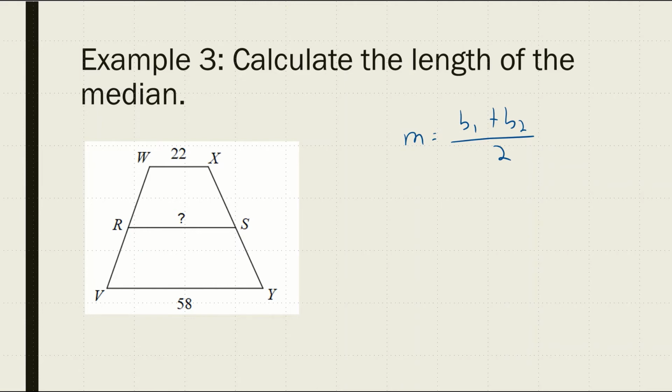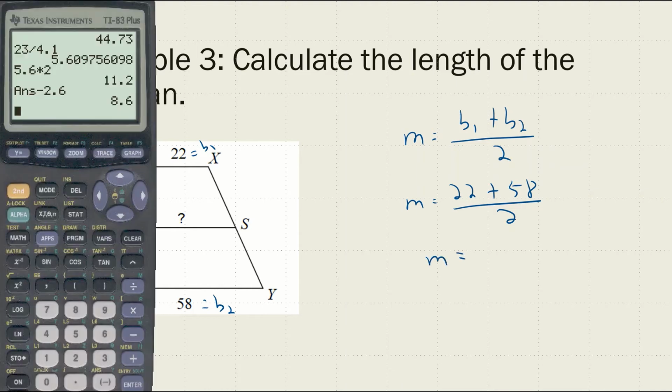So the two bases, like I mentioned, are 22 and 58, divided by 2. So this is B2, that's your B1, and then we're trying to figure out the median. It's basically just the average of the two, right? So let's figure out what that number is. It's going to be 22 plus 58 divided by 2.